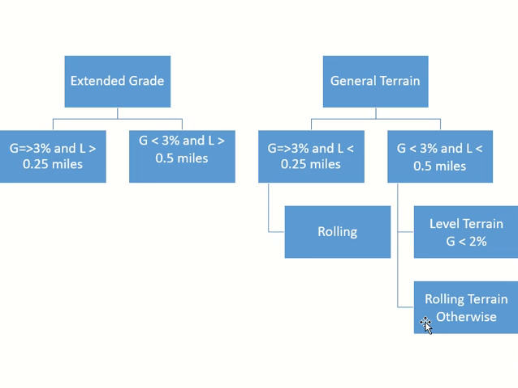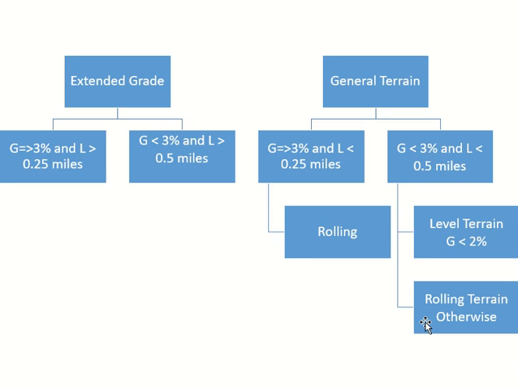Got it? Less than 3%, you are here. If it is between 2 and 3, rolling. If it is less than 2, level. So this condition, extended grade. This condition, extended grade. This condition, rolling. This condition, it can be level or rolling depending upon the value of the gradient. Clear?